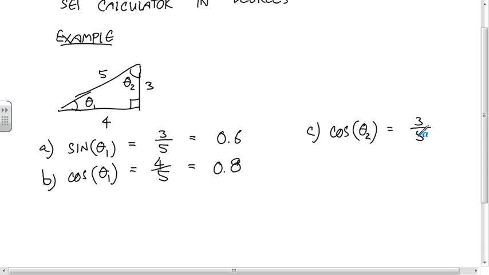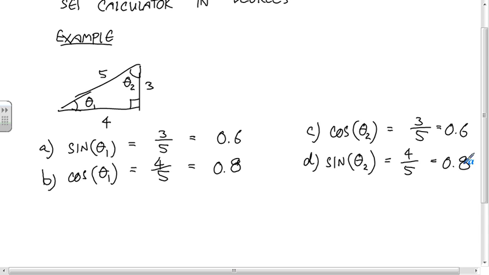The hypotenuse is 5. So you get 0.6. And then the last one, what's the sine of theta 2? The sine is the opposite over the hypotenuse. The opposite is 4. Hypotenuse is 5, so you get 0.8.